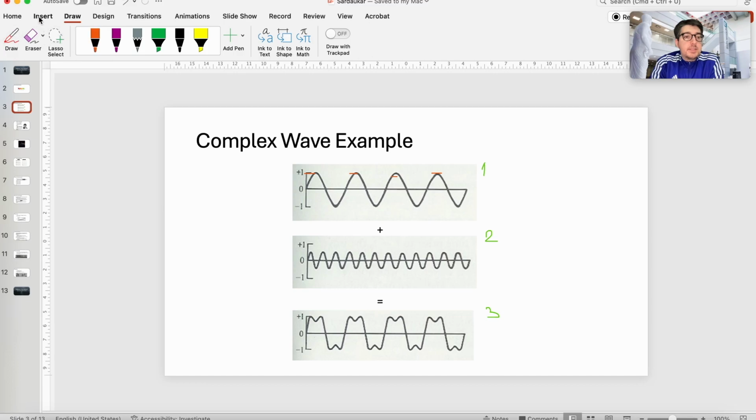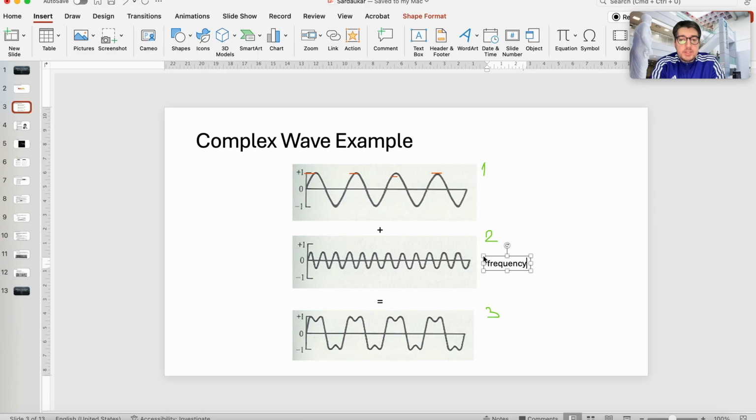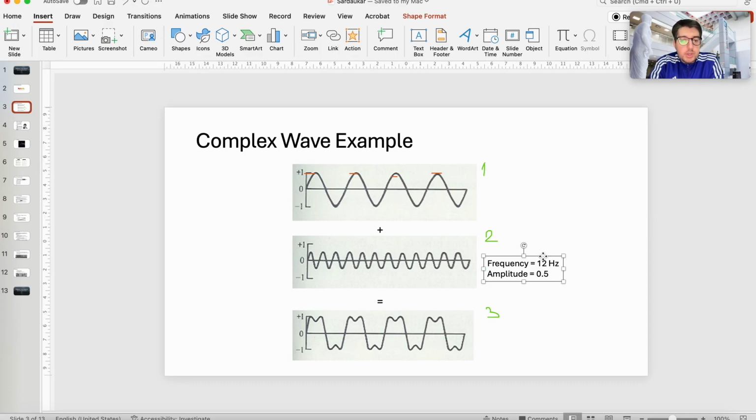But this simple wave has the frequency of 12 hertz and the amplitude of 0.5. So it's half the amplitude but 3 times the frequency. When we combine these two, we get a complex wave, right? So the complex wave's components are the 2 simple waves. That's all you need to know for now, right?